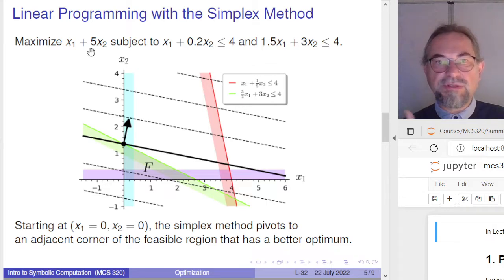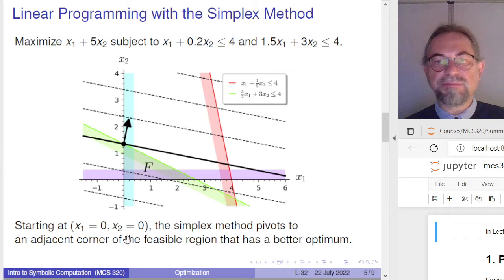One can also see this problem as a production planning problem, where for every unit of x1, one gets $1 of profit, and for every unit of x2, one gets $5 of profit. We start at zero production, and we want to introduce the variable that increases our profit most.